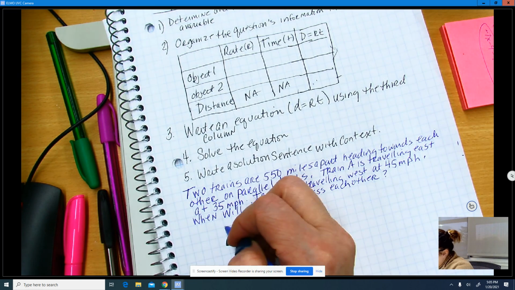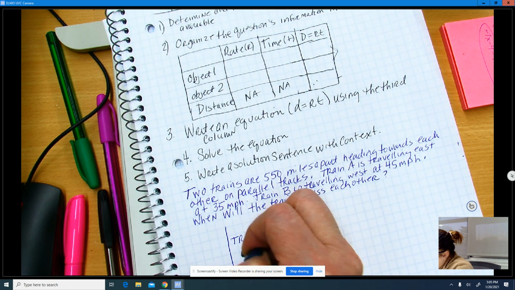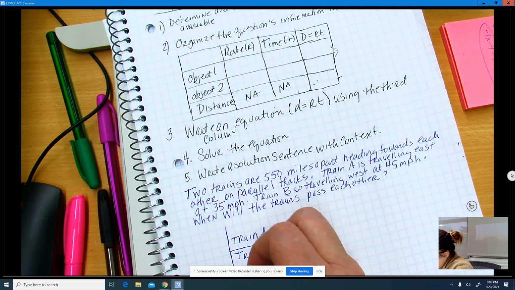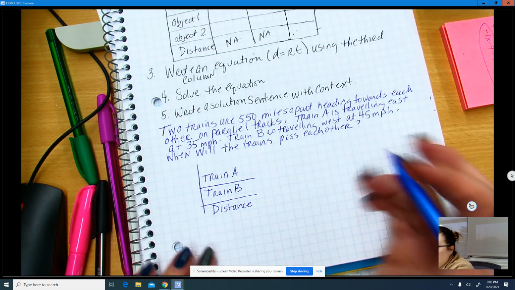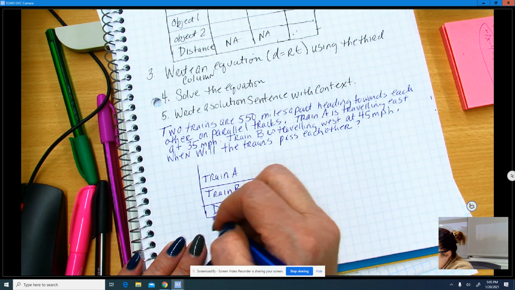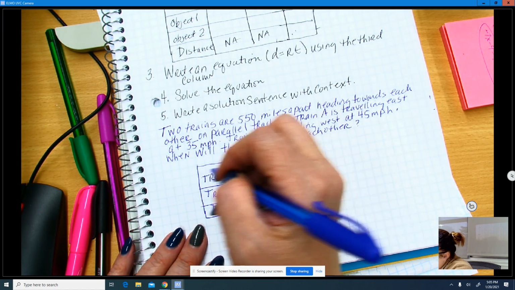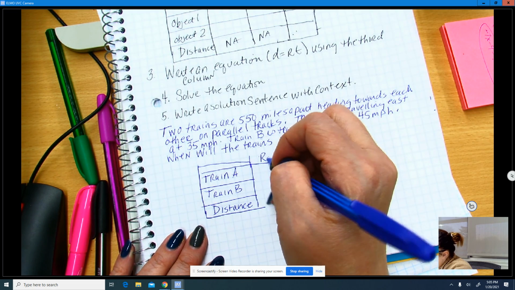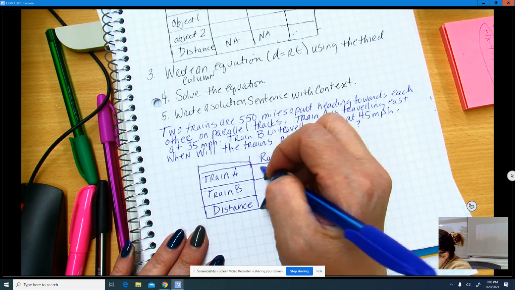So let's make our table. We have train A, train B, and our distance. I'm taking right from above. Our object 1 is train A, our object 2 is train B. The rate: we know that train A is traveling at 35 miles per hour.